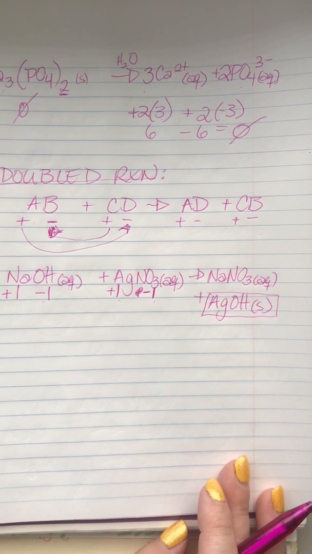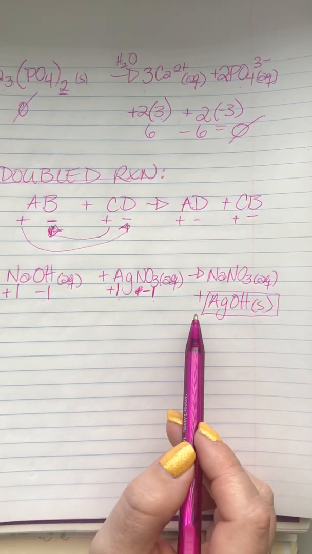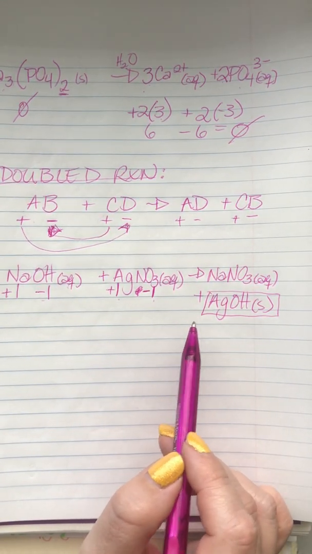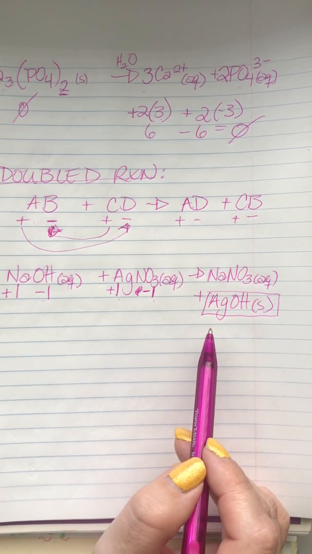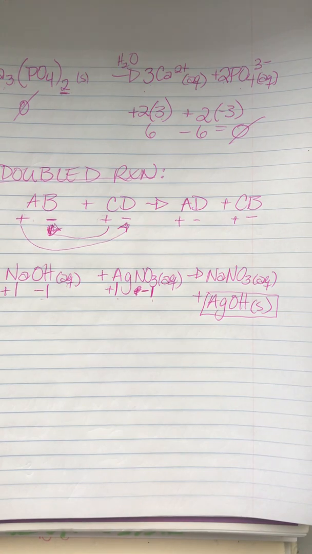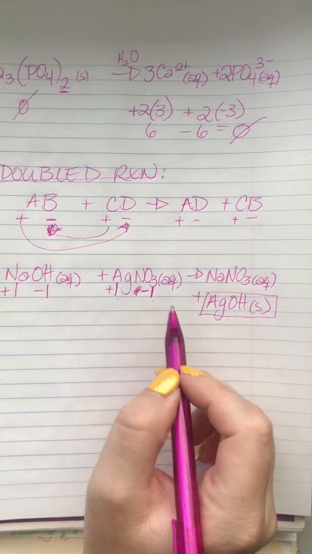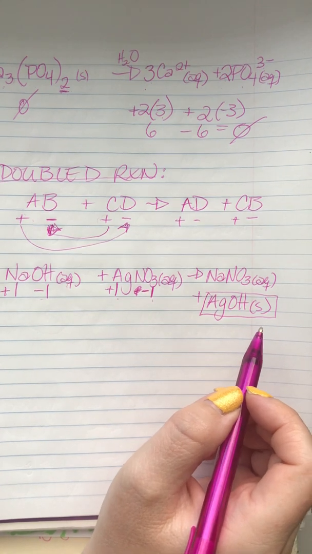When you form a solid in a double D reaction, it doesn't look the way we imagine a solid should look. When I think of a solid, I'm thinking of my cup, my pen. But when we form a solid in solution, it kind of just looks milky, right?